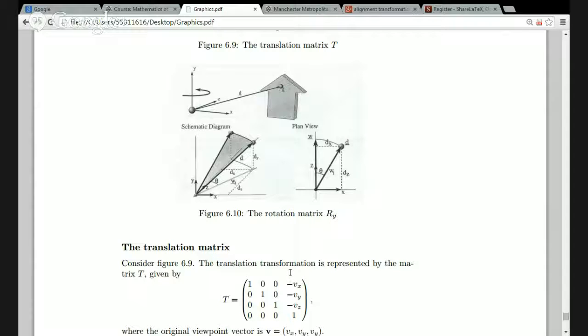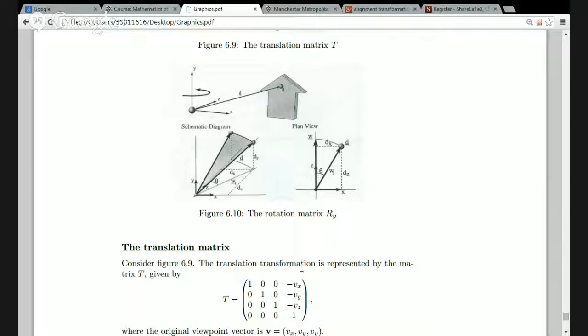So that will rotate our point D here onto the z-axis. And let's say it goes to a point with position vector d prime. So now the center of view is at d prime.